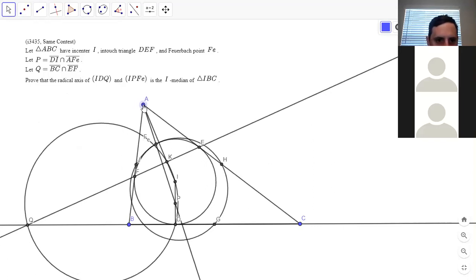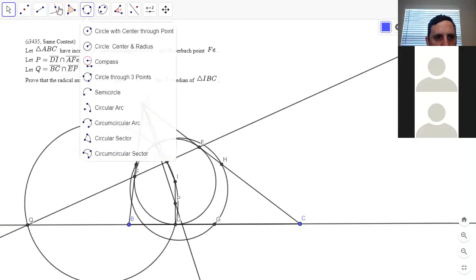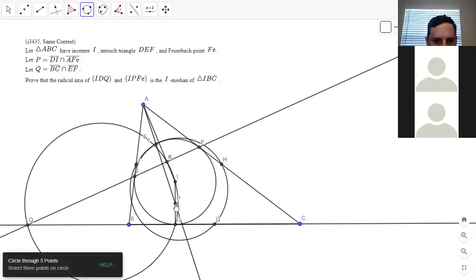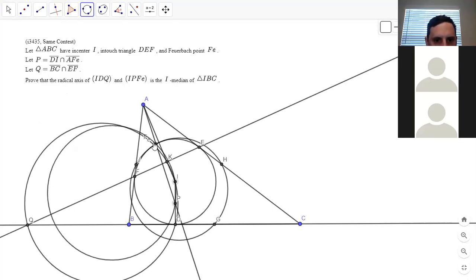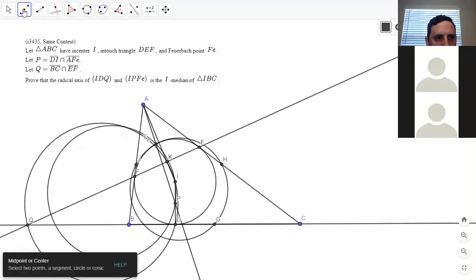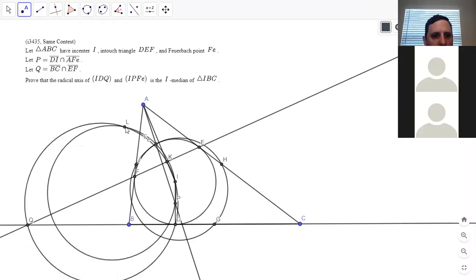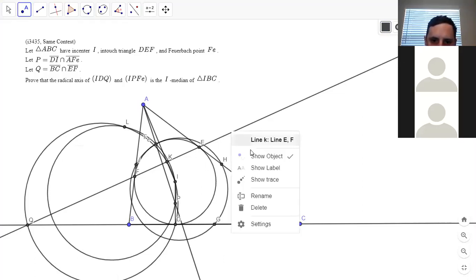There we go, something like that. So we have that circle and then IPFE. And we want to show that G, so basically, another way to say it is that GI and that point are collinear. Or we could just say G has the same power with respect to them. That's kind of a nice problem.